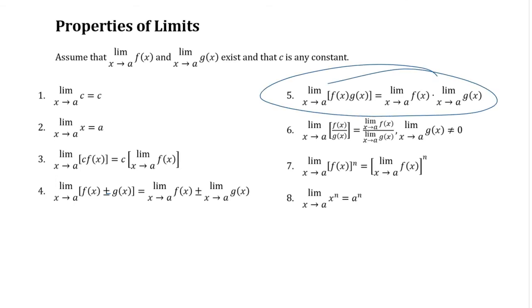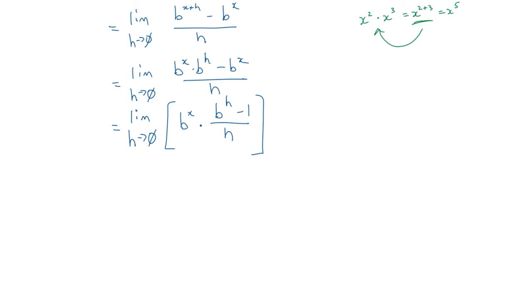Okay. And by limit property 5, this is going to be the limit as h approaches 0 of b to the x times the limit as h approaches 0 of b to the h minus 1 over h. So by limit property 5.